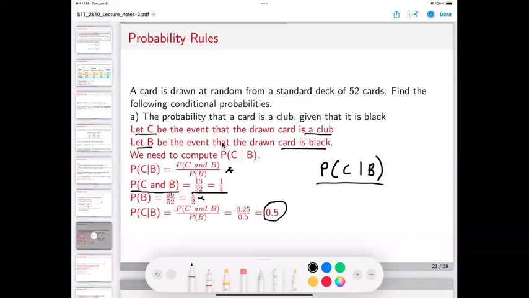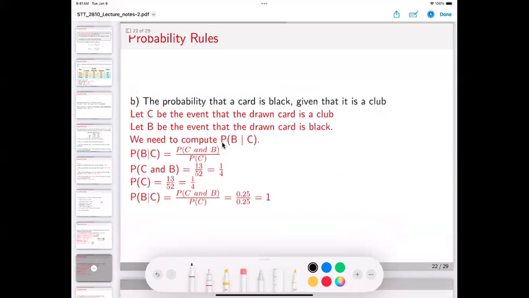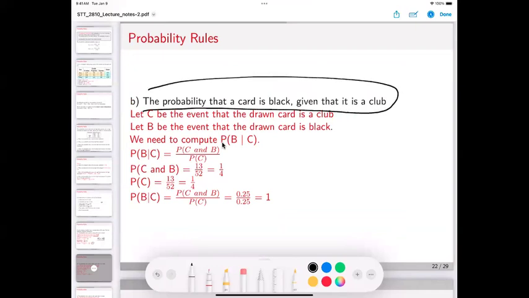Okay. So I want you to try this one. Don't focus on the solution. Try to do this by yourself. Part B says the probability that a card is black, given that it is club. So you have to start by defining the events. Let C be the event that the card drawn is a club.